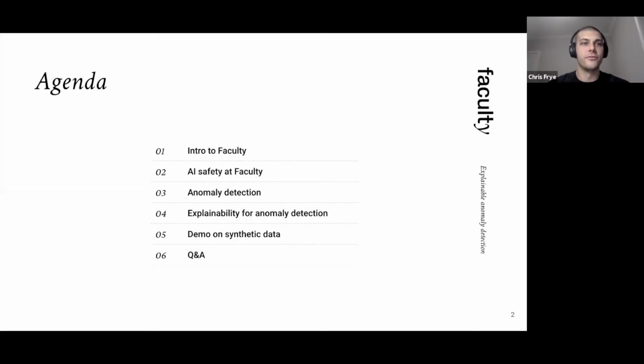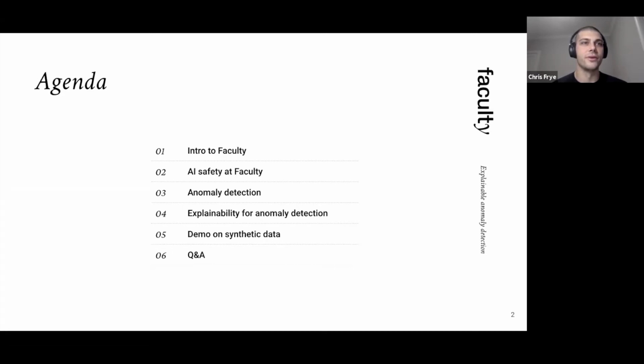Okay, so before we get started, let's go over what I have planned for the hour. I'll begin with an introduction to Faculty, as well as my role at the company. Then I'll give some background on AI safety and how we pursue it at Faculty. Then we'll get into the meat of today's talk on anomaly detection.